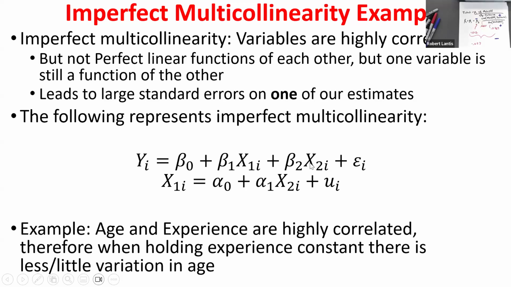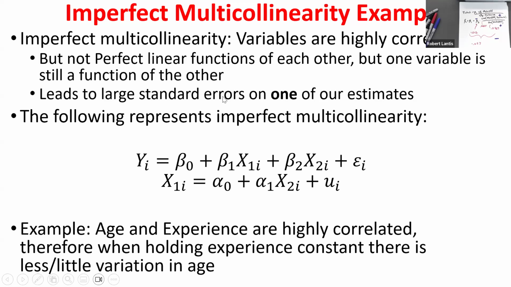Experience is going to be some function of my age. I can't have 20 years of experience if I'm only 35, right? However, it's not the case that every time I am 35, I have exactly 10 years of experience. So there's some additional error, but one variable is a function of the other, okay? Age and experience is the one I always go to.